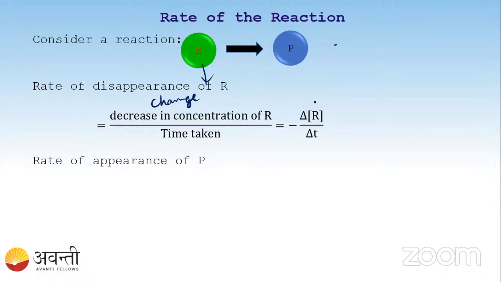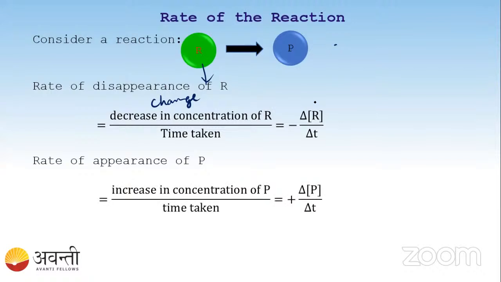That means appearance of P. So what is happening? Change in concentration of P by time taken, exactly as we saw in the previous one. Change in concentration of P means what is happening to the concentration of P. Is it increasing or decreasing? It is increasing, right? So increase in the concentration of P by time taken. If it is increasing, we will represent it with plus.